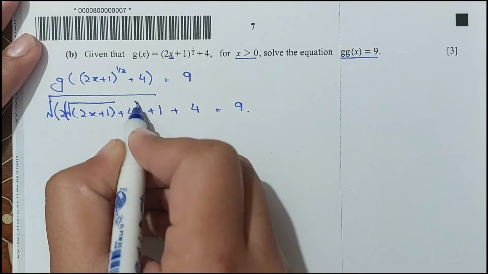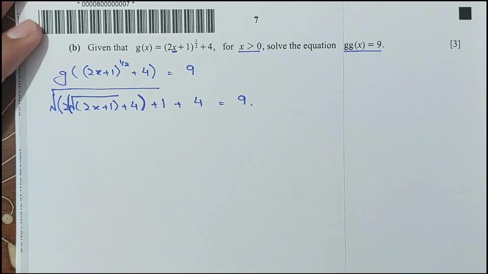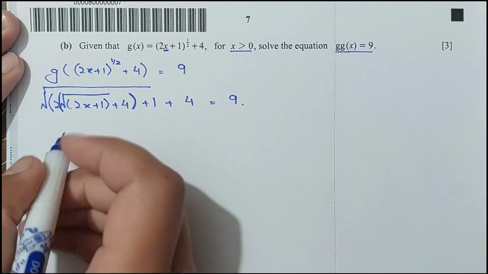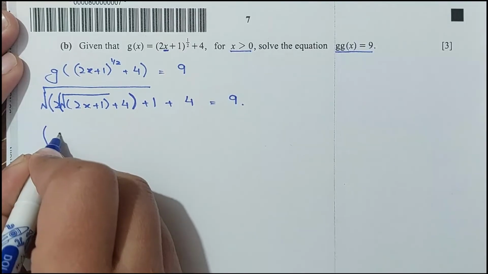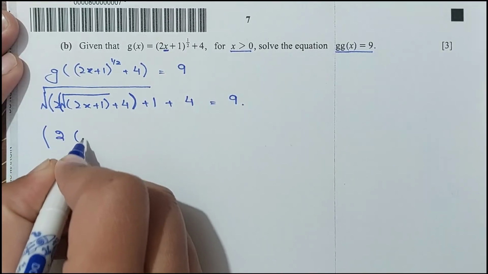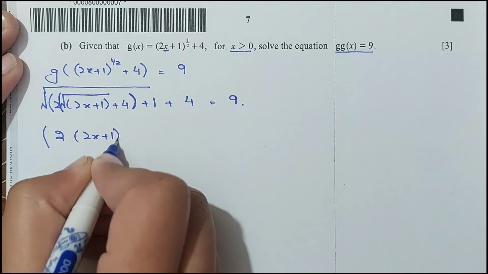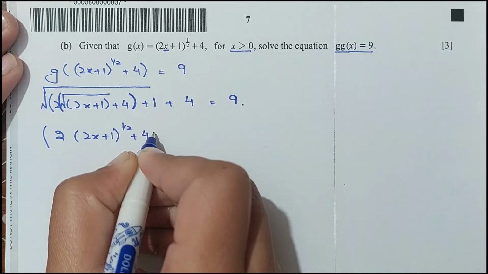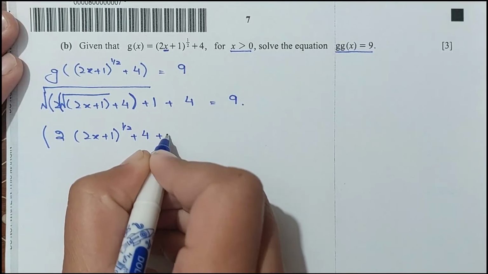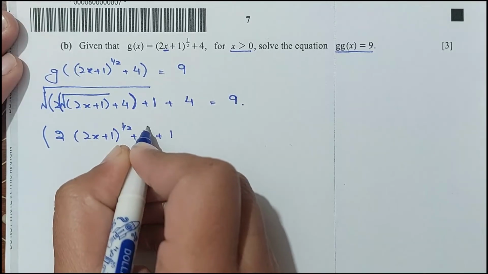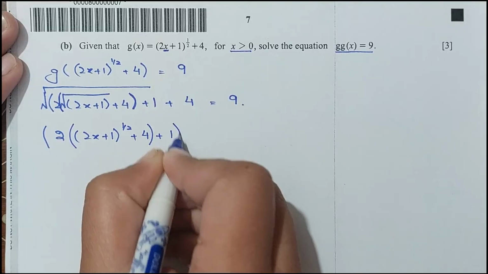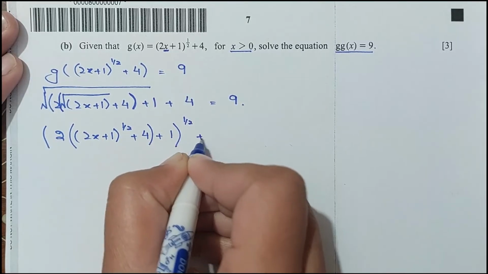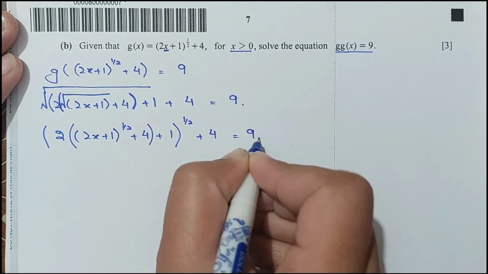Here we have a bracket, sorry. All right. Or if I can rewrite, we have 2 and we have 2x plus 1, power is 1 by 2 plus 4, and we have plus 1. This is the x value, its power is 1 by 2 plus 4 equals to 9.